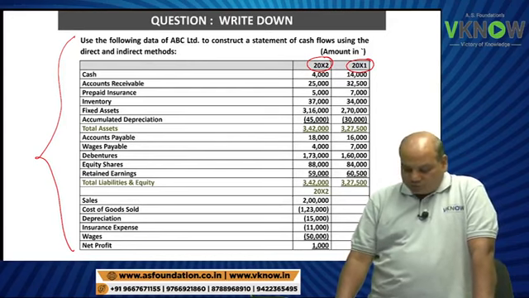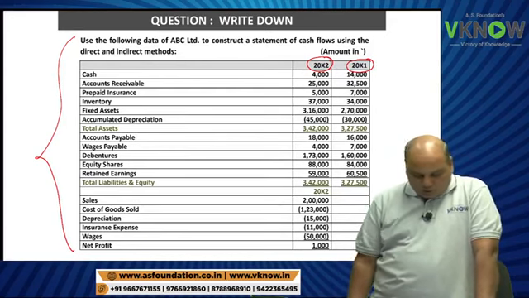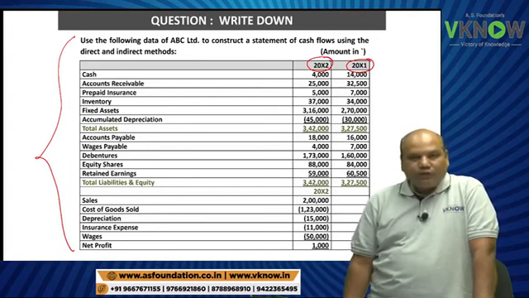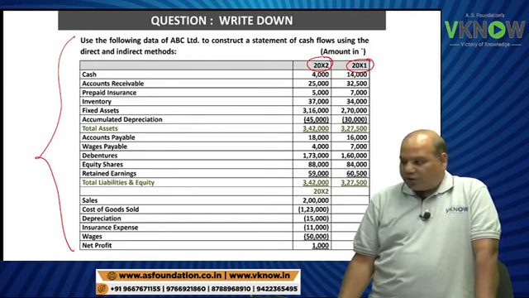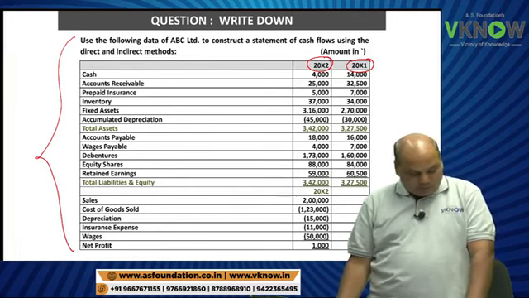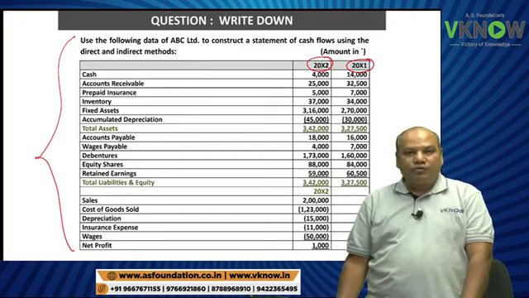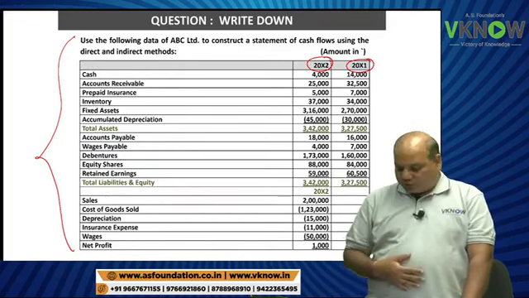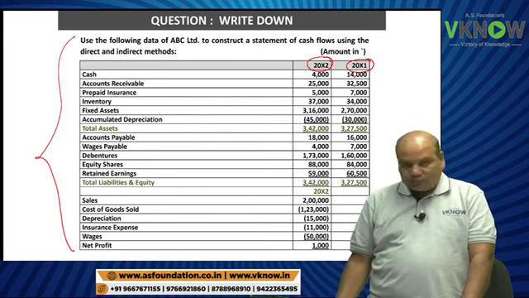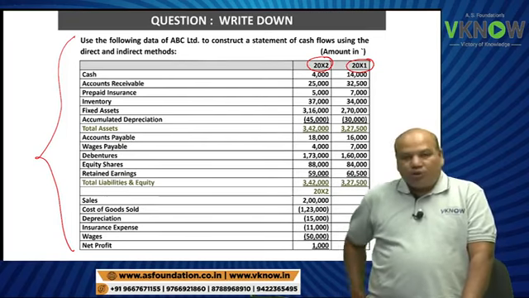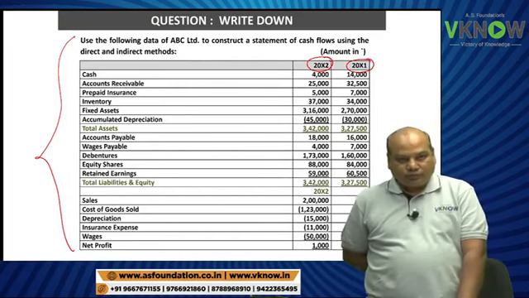Prepaid insurance: 5,000; 7,000. Inventory: 37,000; 34,000. Everybody must write in notebook. Fixed asset: 3,16,000; 2,70,000.